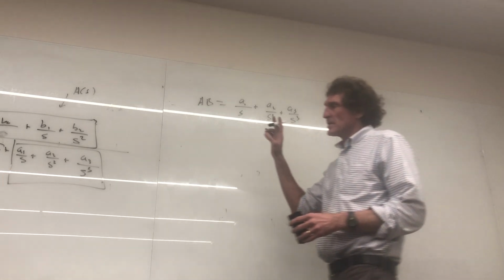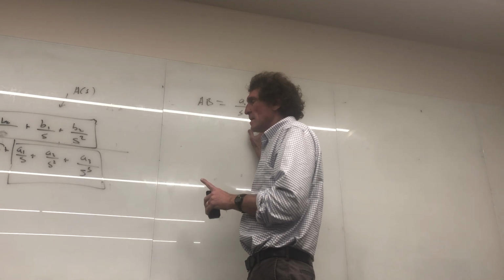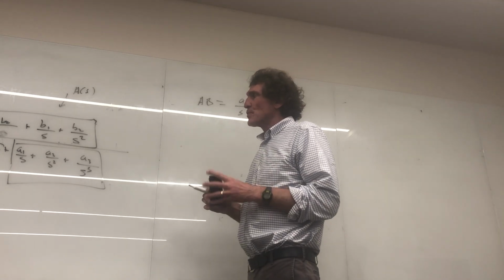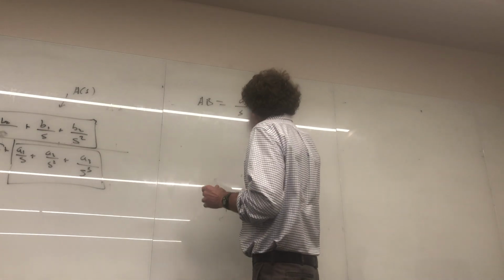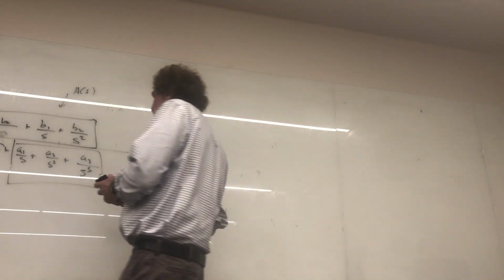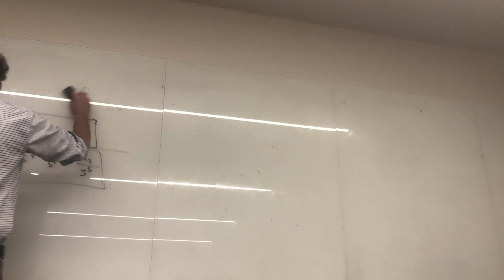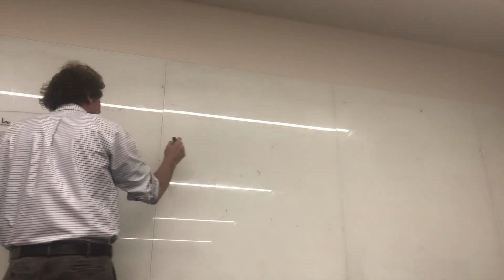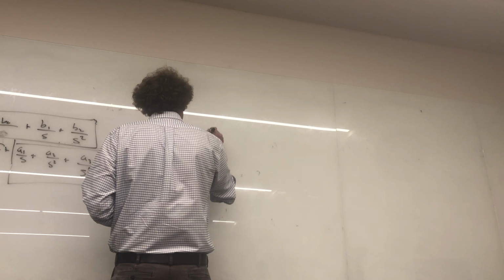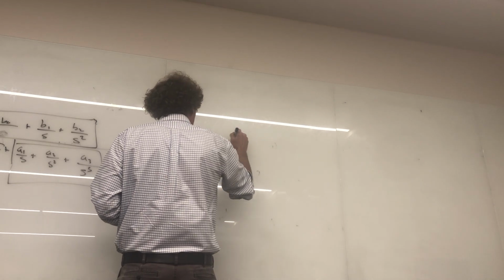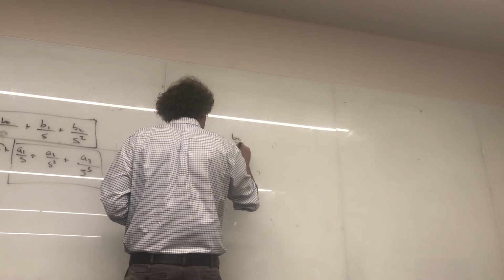If you try to do it this way, you can, but I'm going to show you a way that's probably even better. What you can do is this. You can say, I have a transfer function here. Just call this first part, and I'll break it out. This could be B naught plus B1 over S plus B2 over S squared.